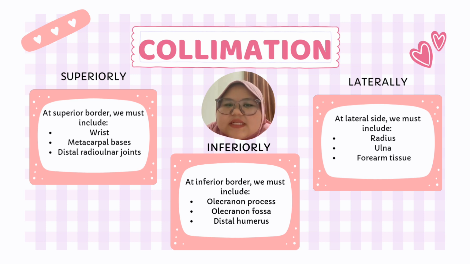Inferiorly, it must include olecranon fossa, olecranon process, and distal humerus. Lastly, laterally, we must include radius, ulna, and forearm tissue. In this radiograph, there is no evidence of the radiation protection apparatus seen.